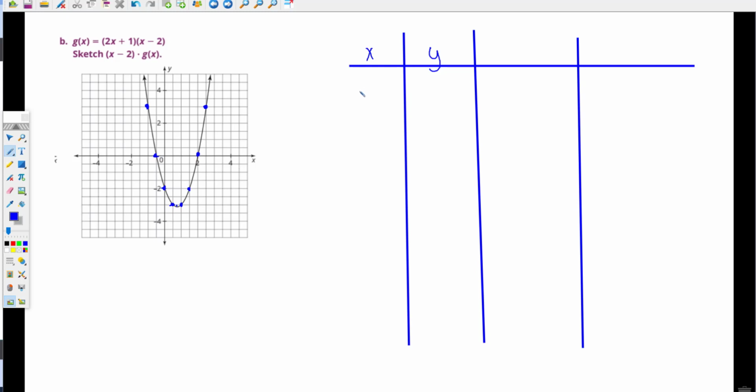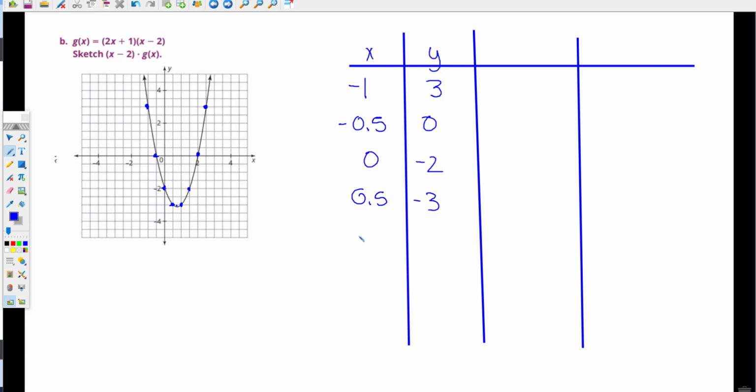And so this time we're counting by 0.5s. So at negative 1, I'm at 3. At negative 0.5, I'm at 0. At 0, I'm at negative 2. At positive 0.5, I'm at negative 3.